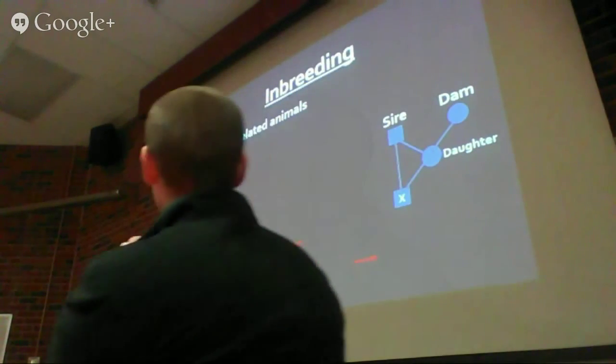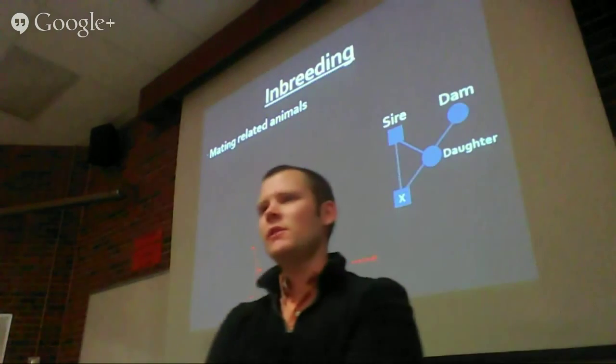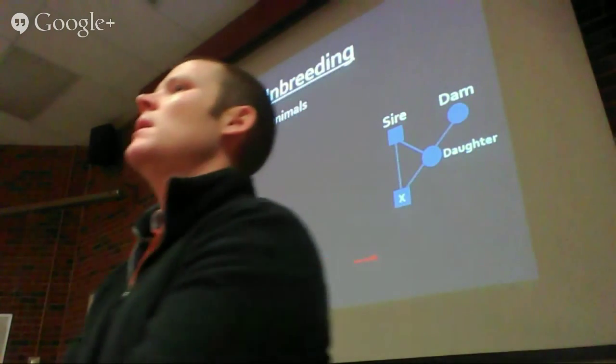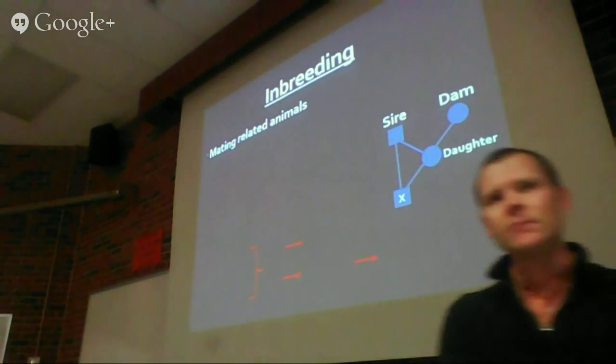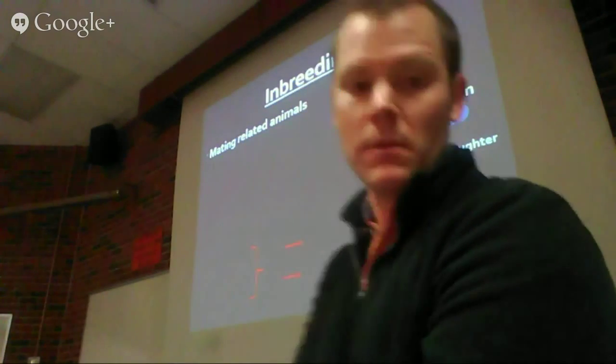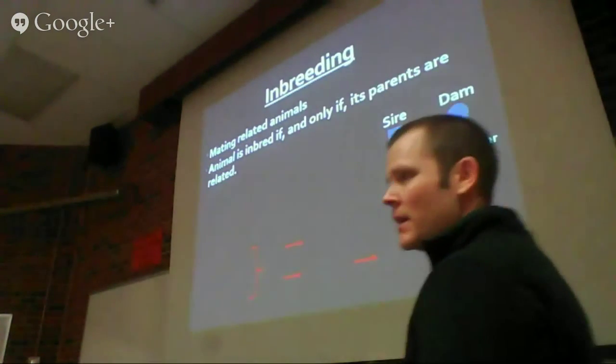The next thing we need to cover today is inbreeding and what happens to our genetic relationship when we have inbreeding. Inbreeding is also a common theme in animal agriculture. It's just the way things work. So here's your definition for inbred.